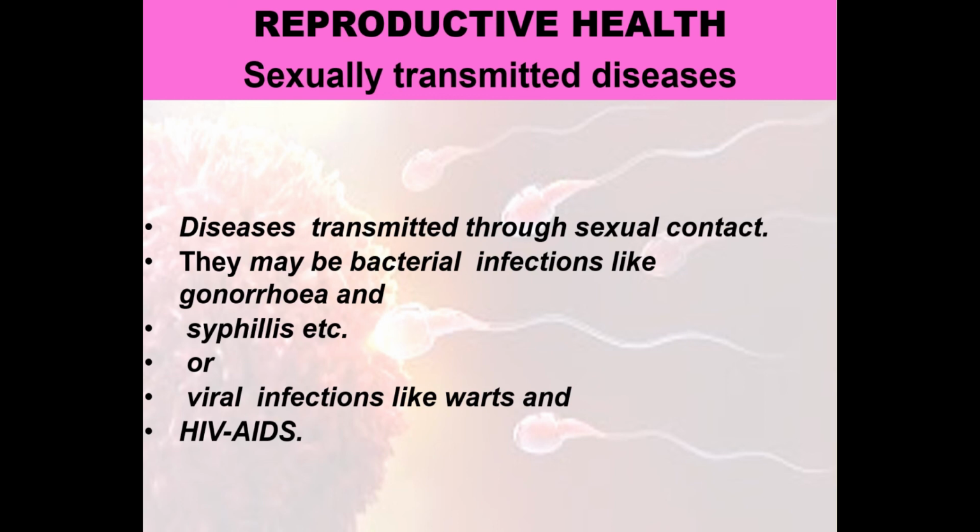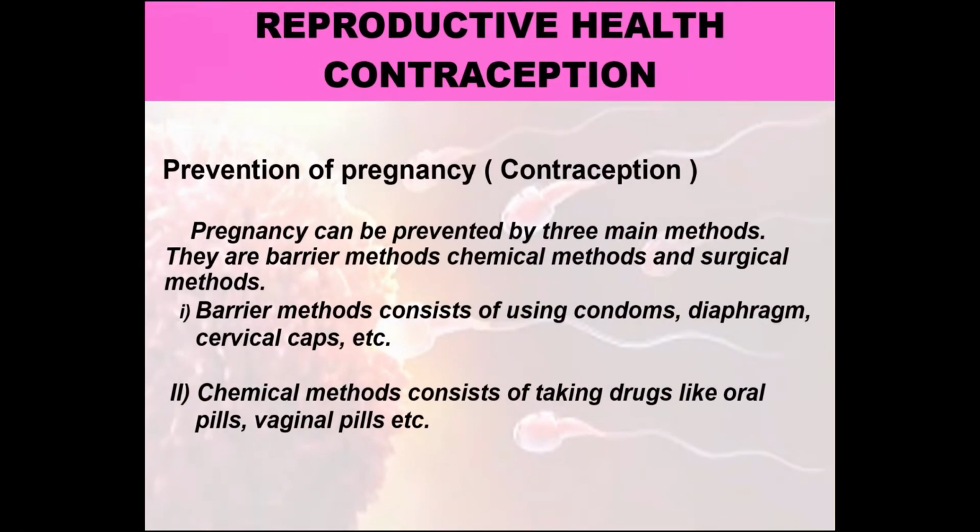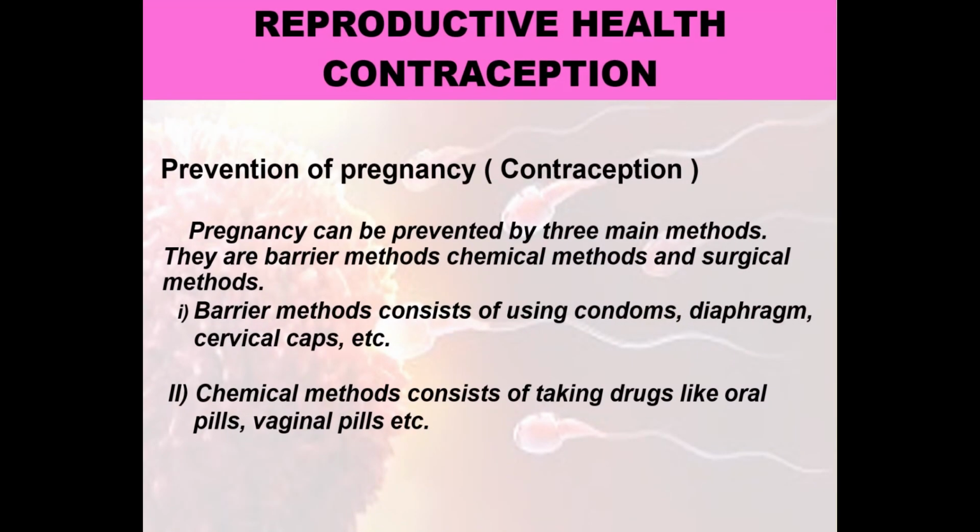Acquired immunodeficiency syndrome. So if a person has information about these diseases, they can be easily prevented or treated. Contraception.